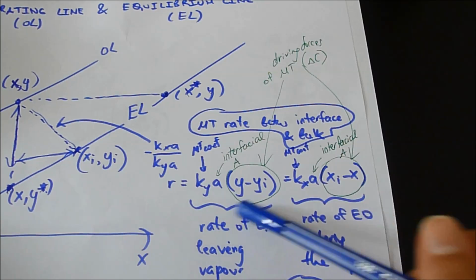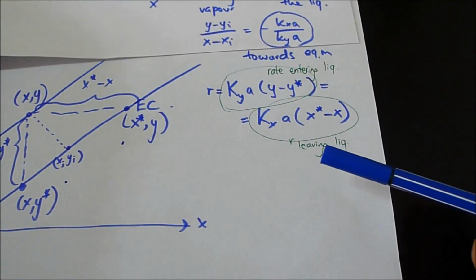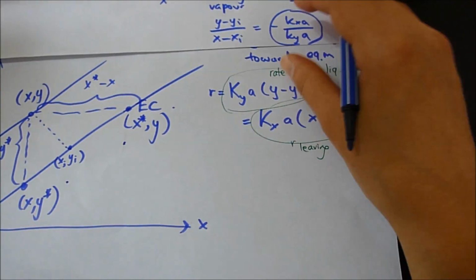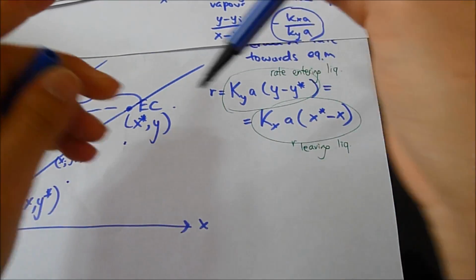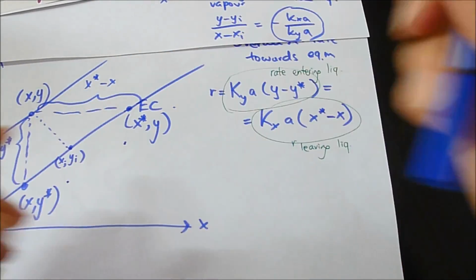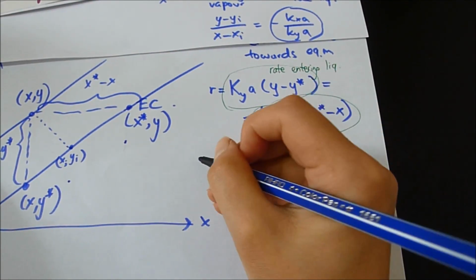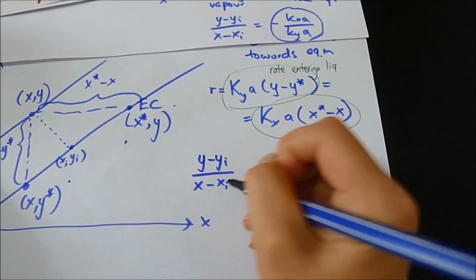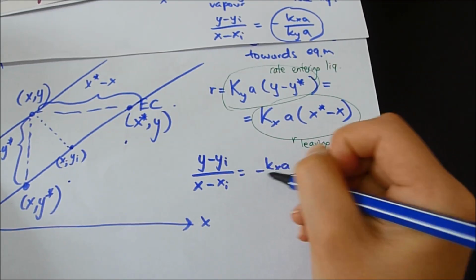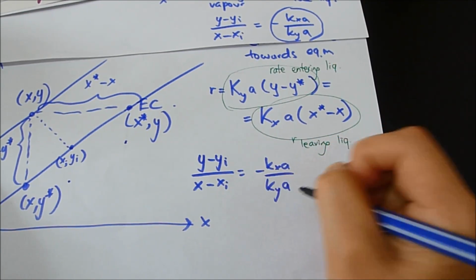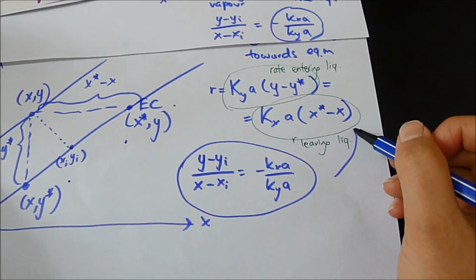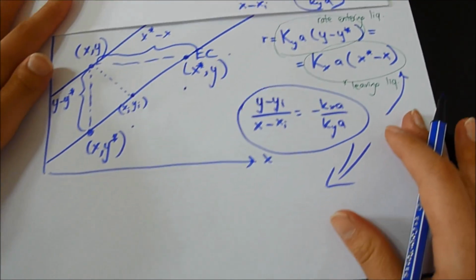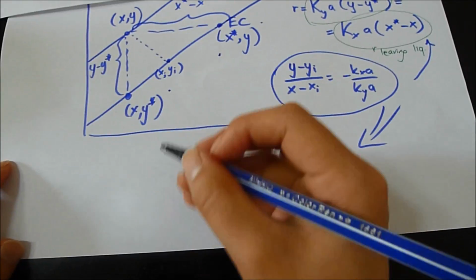So we are going to use this and use this in order to create something different. So we're going to use y minus yi over x minus xi equals minus kxa over kya into this equation, and we get the following equations.